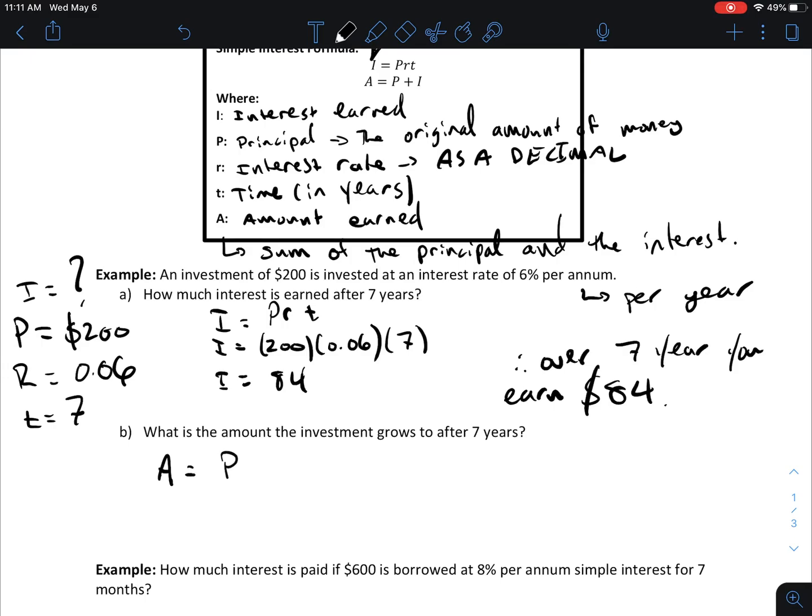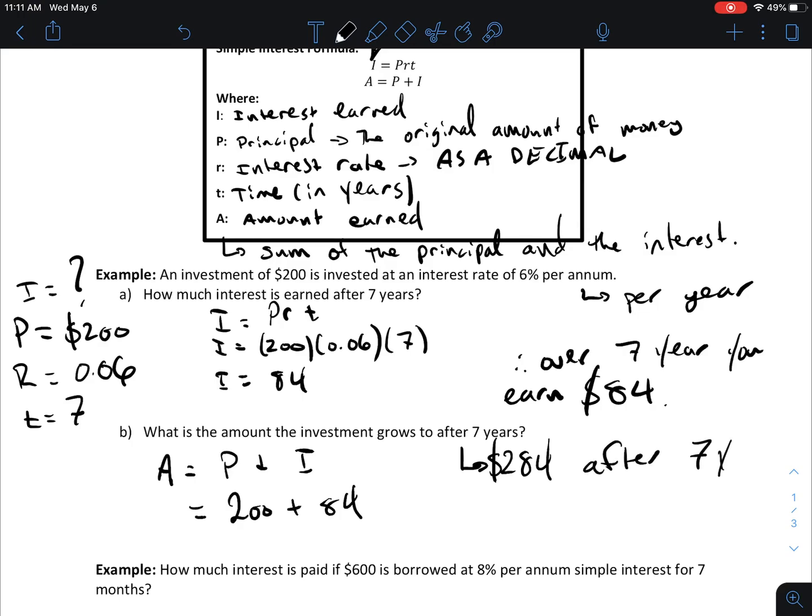have? Well, it's not as if the bank or whoever you've invested this money with takes the $200 away, right? So you're going to find the amount, and the amount is going to be the principal originally plus the interest earned. So it's $200 plus the interest earned, which was 84.